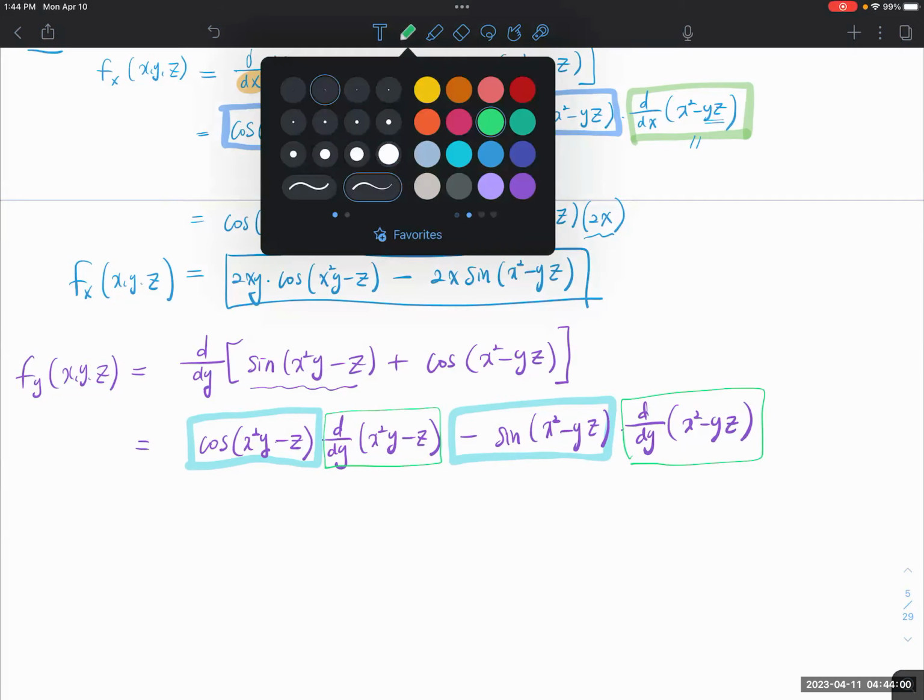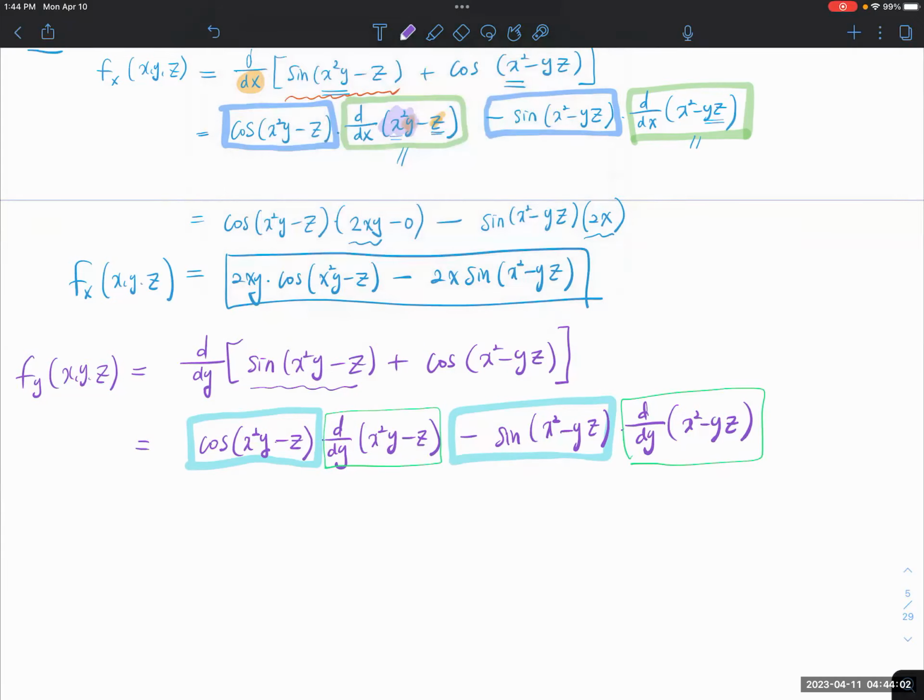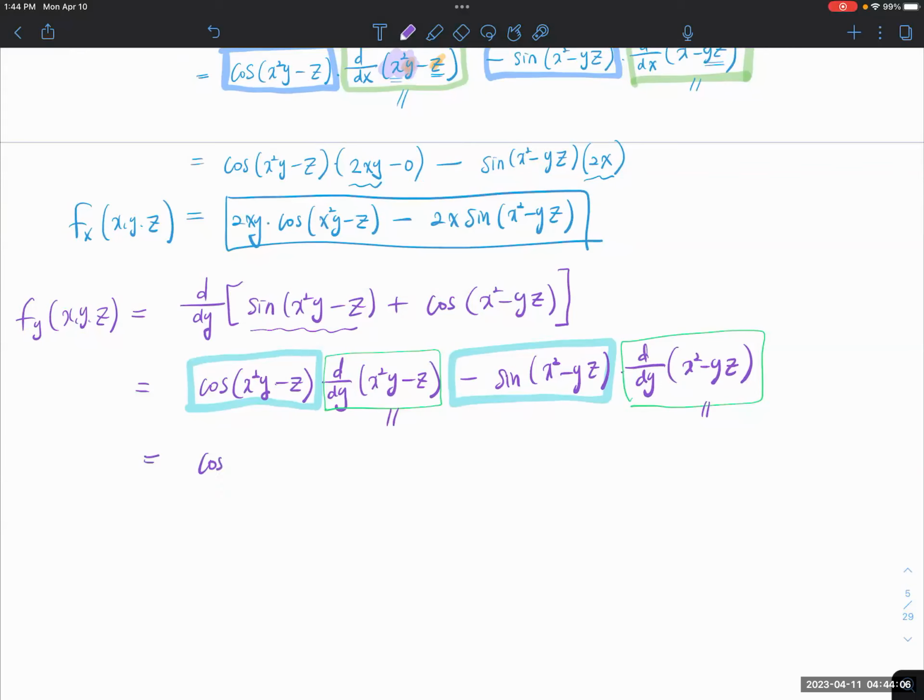All right, let's continue. So this is going to be, you have to take the derivative. So cosine x sec y minus z. What happened? So now x and z are constant. Am I correct? So what are you guys going to do? x sec y minus z is going to be 0 because there's no y.